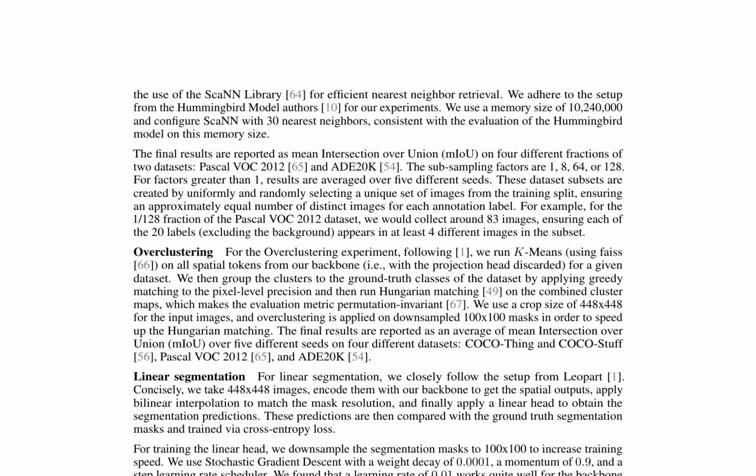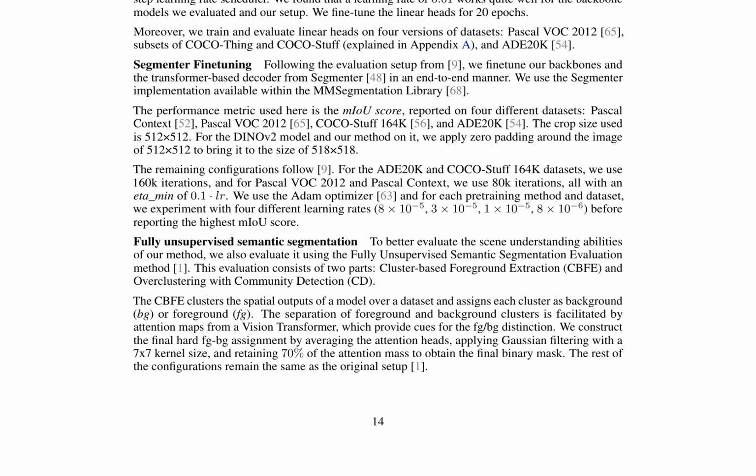The final results are reported as mean intersection over union, mIoU, on various fractions of datasets like Pascal VOC 2012 and ADE20k. Other experiments include overclustering, linear segmentation, and segmenter fine-tuning, all focusing on scene understanding and semantic segmentation.